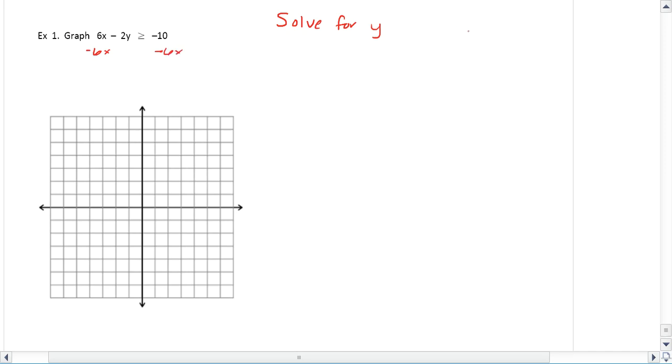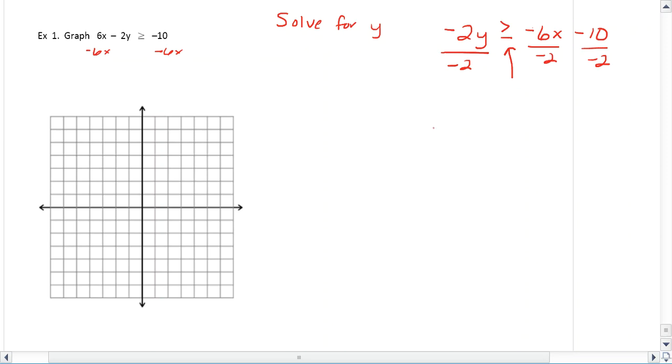So now I have negative 2y is greater than or equal to negative 6x minus 10. Almost have it solved for y. Now we're multiplying by negative 2, so I need to divide every term by negative 2. And right here is where we notice that we are dividing by a negative. Therefore, this inequality sign must flip.